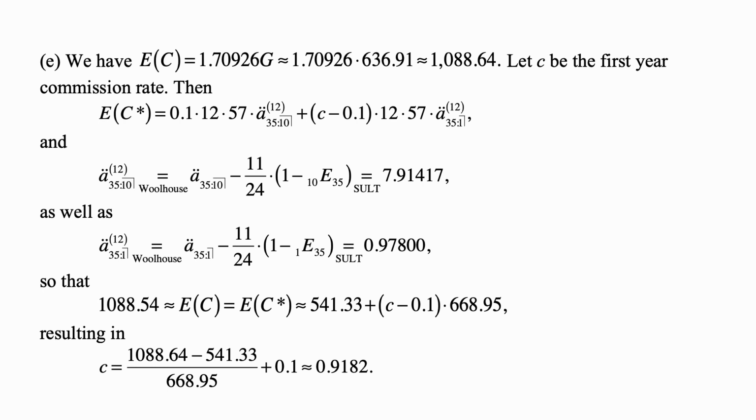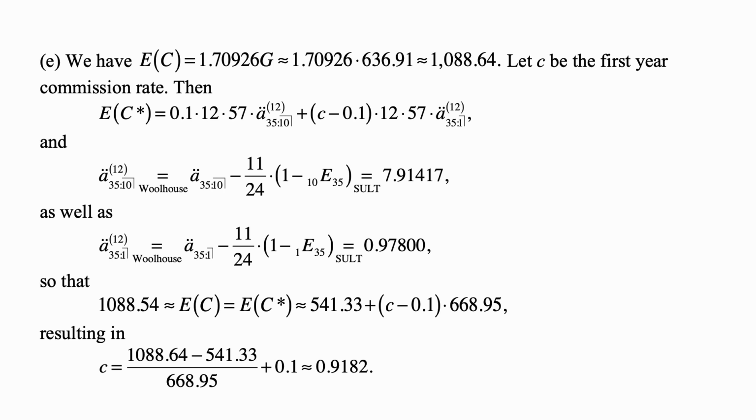And then ä35:1 upper 12 under Woolhouse is ä35:1 minus 11 over 24 times 1 minus 1E35. And from the table, this is approximately equal to 0.97800.